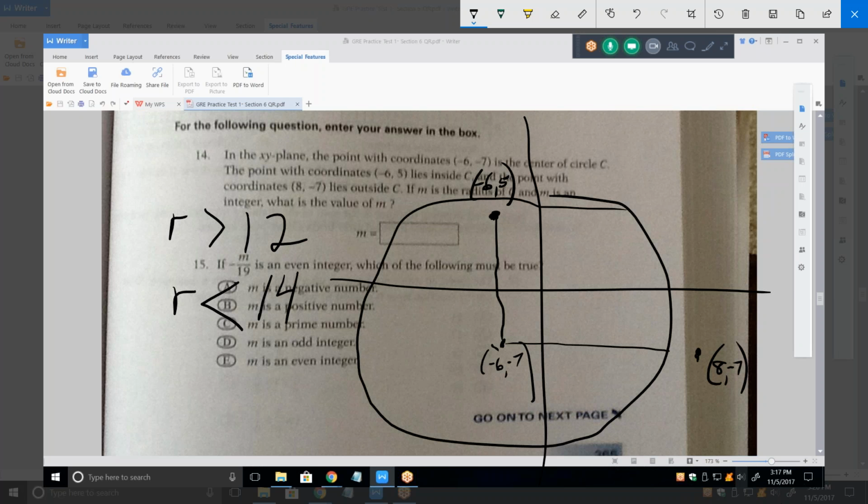Okay? So we know the radius has to be greater than 12 for this first point to be inside the circle. It's got to be less than 14 for this second point to be outside the circle.